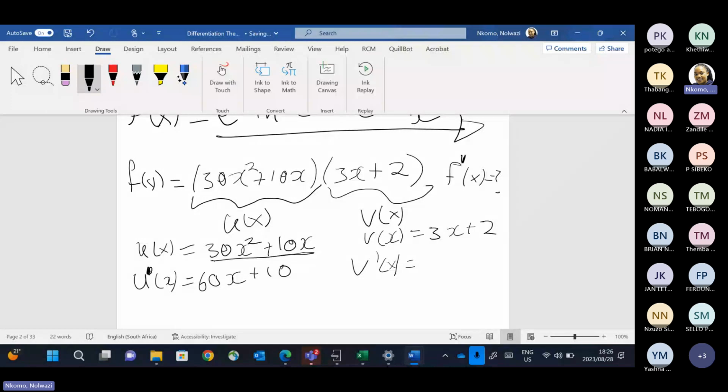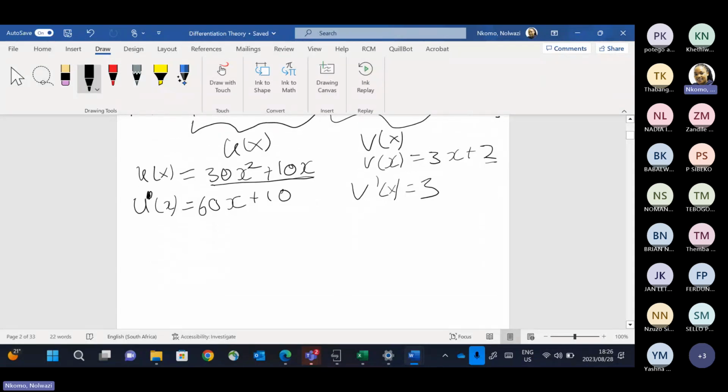And if we apply a power rule here, you should get 3, because the derivative of the constant is 0. Okay, now we have our u prime and v prime.